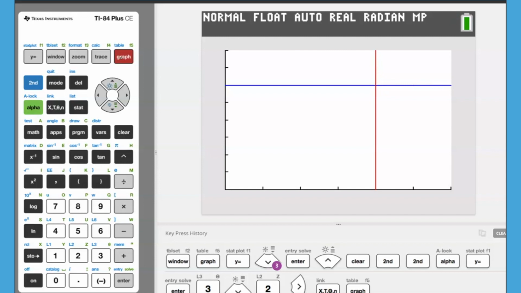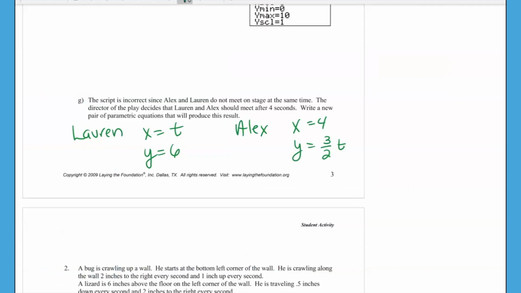So let's go back and look at our equations one more time, and notice that when t is 6, Alex's y value will be 3/2 of 6, which is 9.